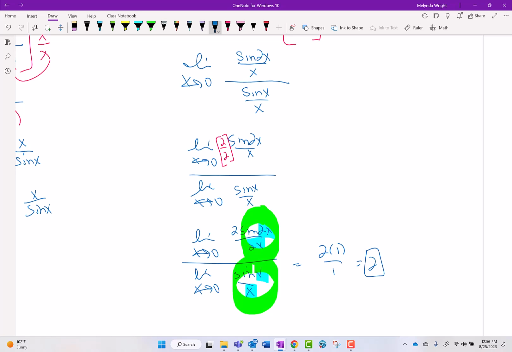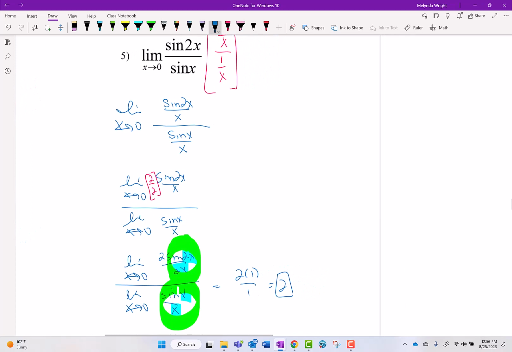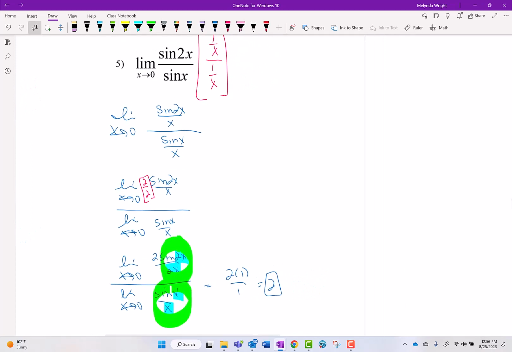Now that's using the special limit. So just for fun, because you know how I love trig, let's think about this using, let's say we just studied for a formula quiz. Do we know our double angle for sine? What is the double angle for sine? 2 sine x cosine x.